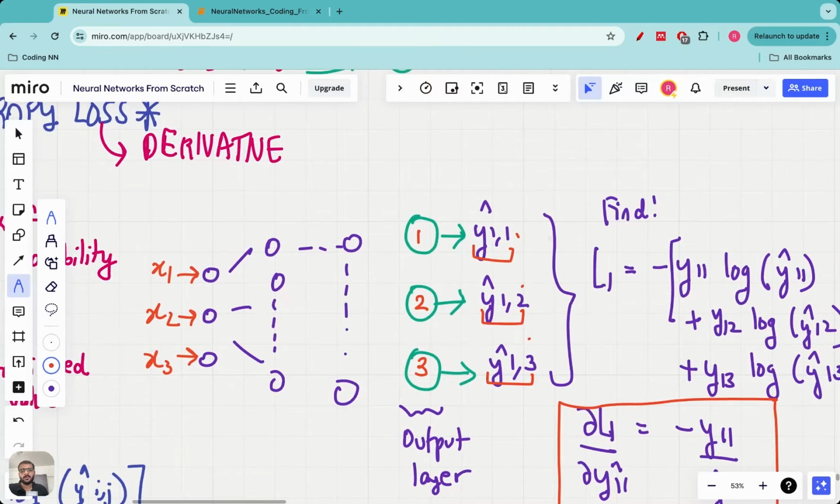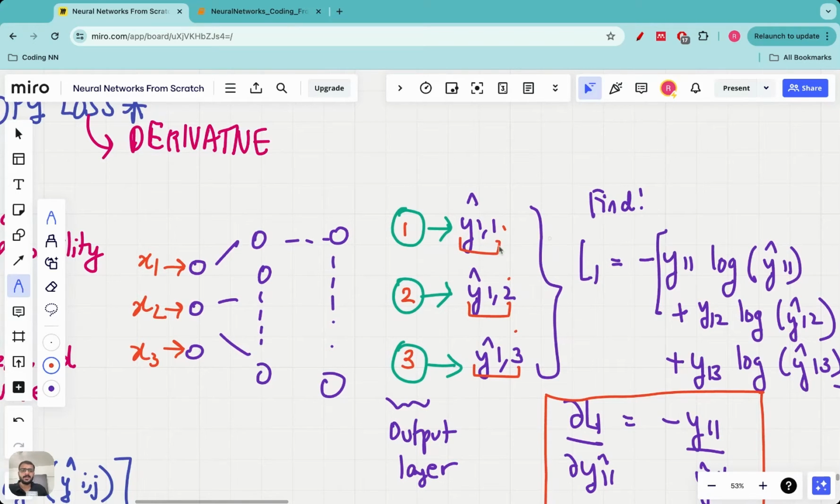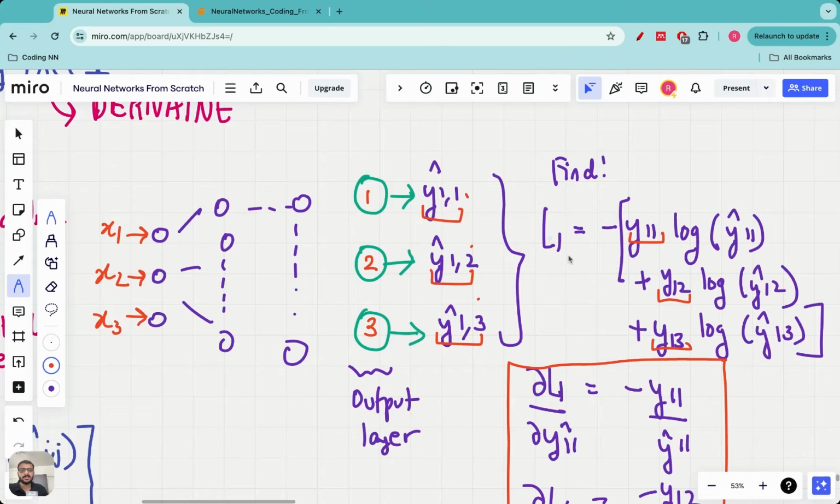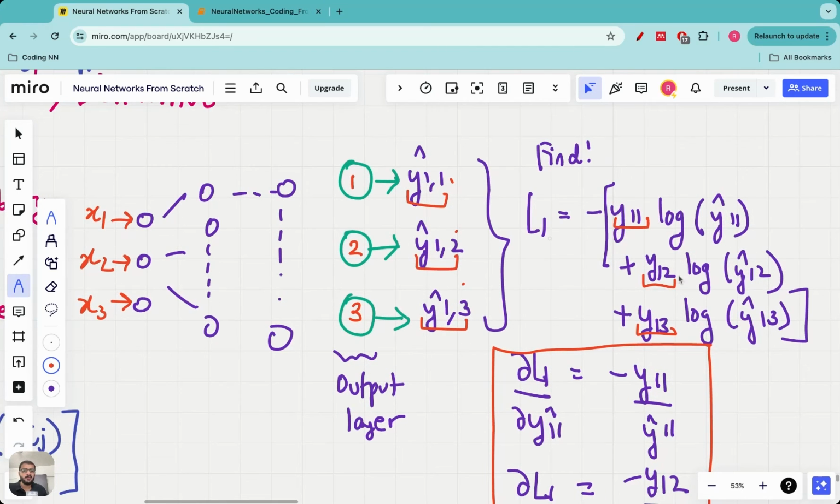So in this loss, if the predicted outputs from the softmax are y11 hat, y12 hat, and y13 hat, and the true output is y11, y12, and y13, then the loss function is usually given as negative of y11 into log of y hat 11 plus y12 into log of y hat 12 plus y13 into log of y hat 13. This is called the categorical cross entropy loss.